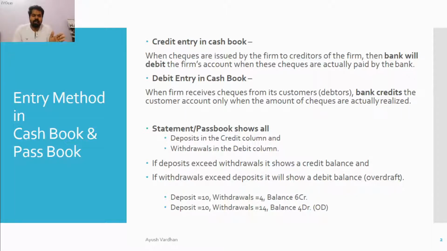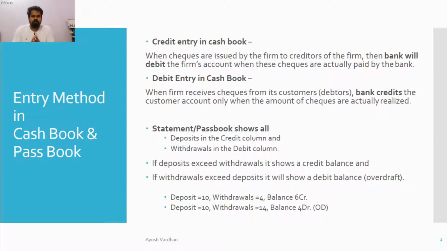And similarly, when we make an entry in the passbook, what effect happens in the cash book? Okay. So basically, we don't make any entry in the passbook. The passbook entry is made by the bank. We only maintain the cash book as per the records of the passbook.